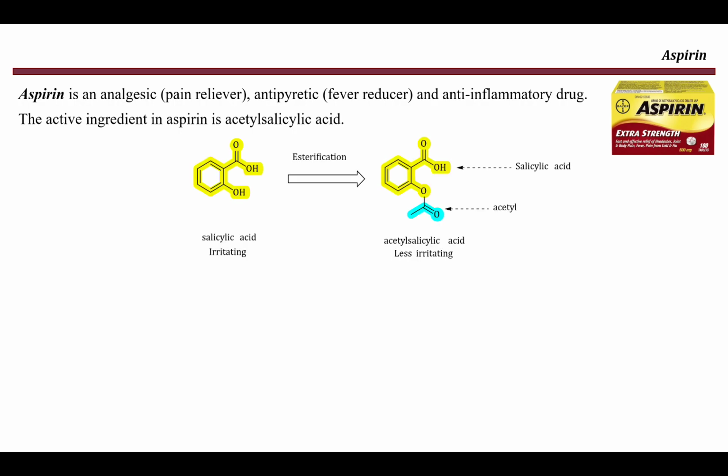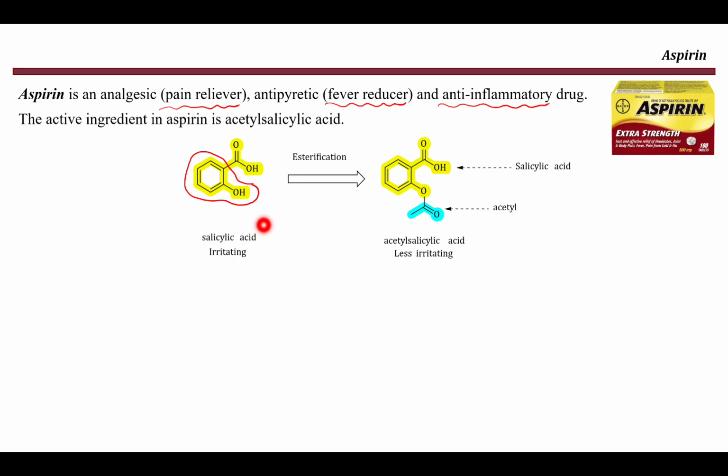At the beginning, salicylic acid was used and it had the same therapeutic effects as acetyl salicylic acid. However, because of the presence of this phenol group, salicylic acid was irritating to the stomach.